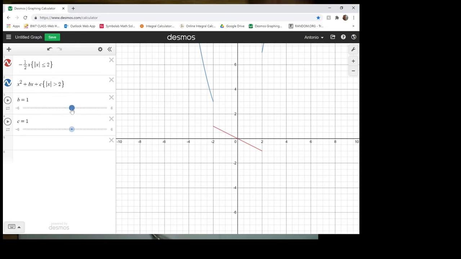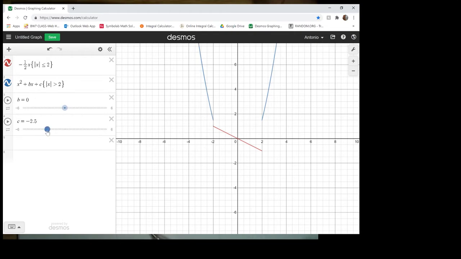I have a little slider here that allows me to mess with the values of b and c. Okay, so we want to see which values. What I'm looking for is, you notice here as I change one, these are working in conjunction, right? You can't just say that one looks like it's it, but the other one isn't.